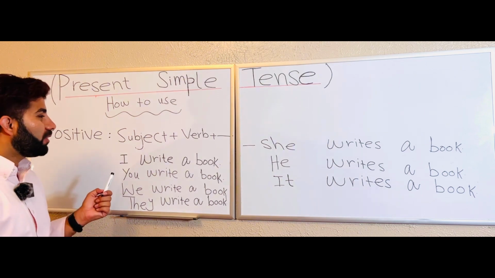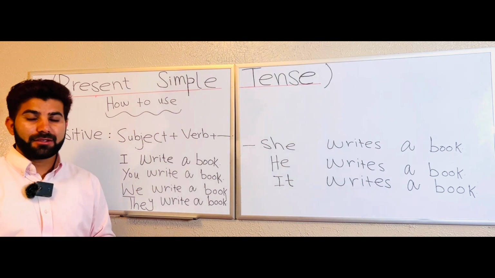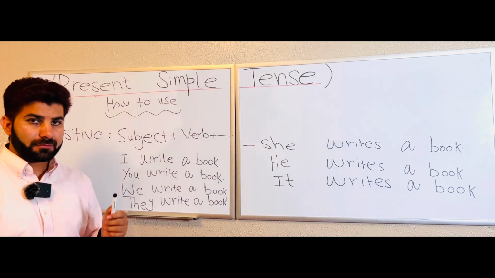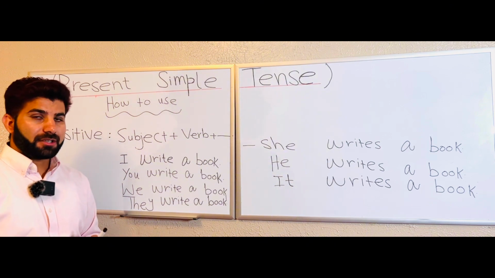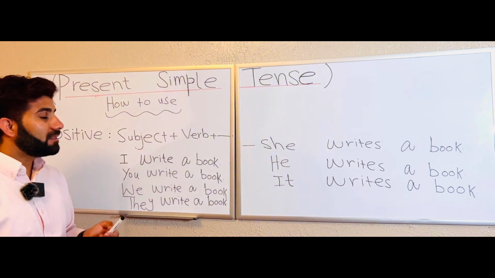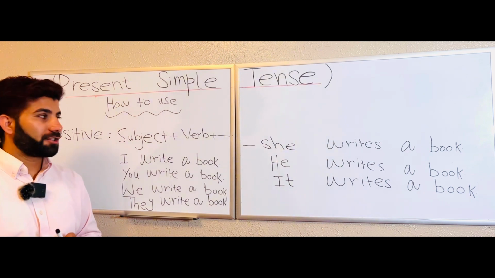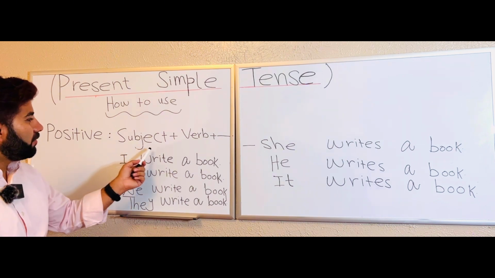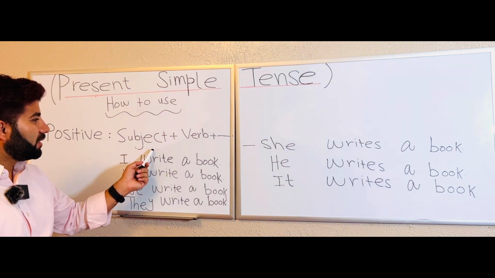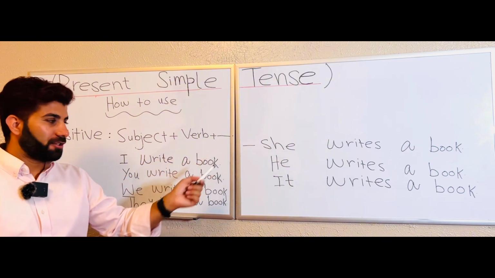So now we will be teaching how to use the present simple tense. As we know, there are positive, negative, and question structures of the present simple tense, but first we need to know the positive structure. In a positive structure, first we take the subject, then the verb, and then some extra information.